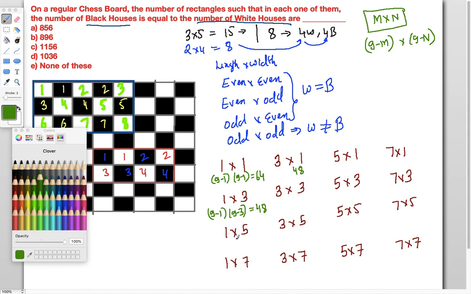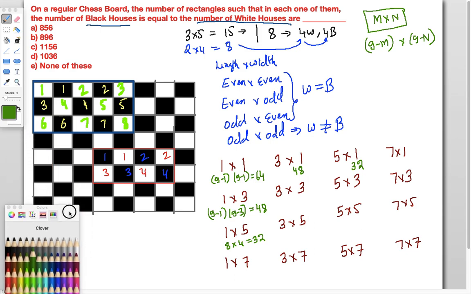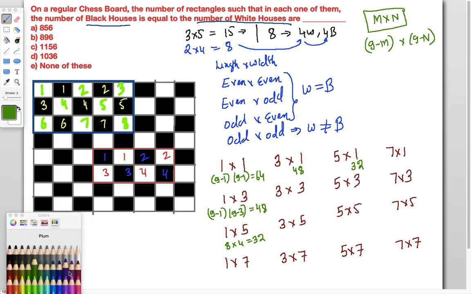Similarly, 1 into 5. 9 minus 1 is 8 and 9 minus 5 is 4. So 8 into 4 is 32. So of the dimension 5 by 1, it will also be 32. Now remember, 1 by 5 and 5 by 1 are different. How? Let me draw it here. 1 by 5: length 1 unit and width 5 units.